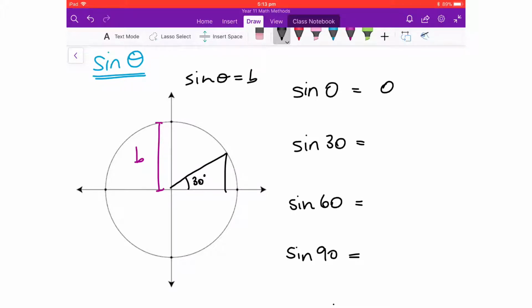So I'm going to quickly draw a line here. I'm going to draw in blue whereabouts that line lines up. Based on where that blue line hits the y-axis, so this point here, we're going to take an assumption of what the value for sine 30 is going to be.